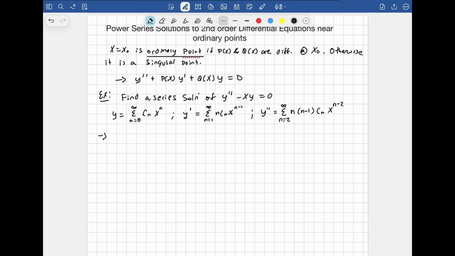This is because we need to be able to sub them back into the original equation, with there being a second derivative. Now we are going to sub our assumption into the original equation, hence why we derive twice, because it's a second order differential equation. So we start with y double prime, the sum of c n n times n minus 1 x to the n minus 2, and we subtract x multiplied by y.